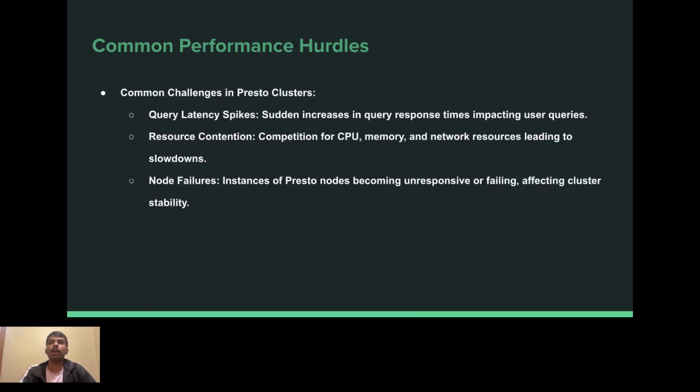So if we talk about the common performance hurdles we majorly face when we run Presto clusters, the first one is always query latency spikes, a sudden increase in query execution time, where we submit the query, we are waiting for it and not getting results, and the worker node is taking far longer than it should.